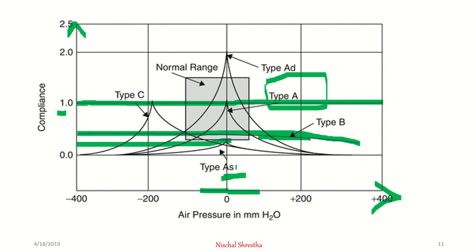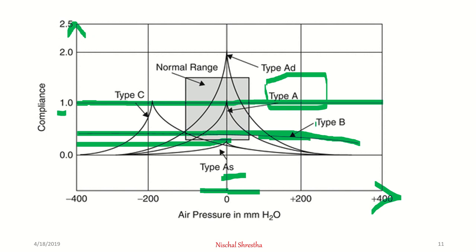This blockage can lead to fluid collection in the middle ear, which leads to decrease in compliance. But in this condition, the compliance is in the normal range or slightly decreased, because the blockage is for short duration only. So in short duration, more fluid cannot get collected, so compliance is not affected so much.